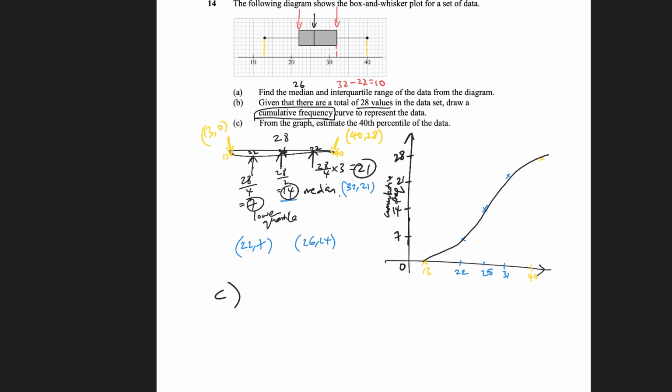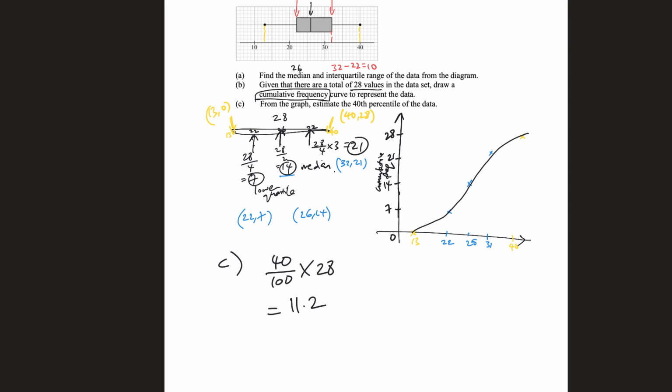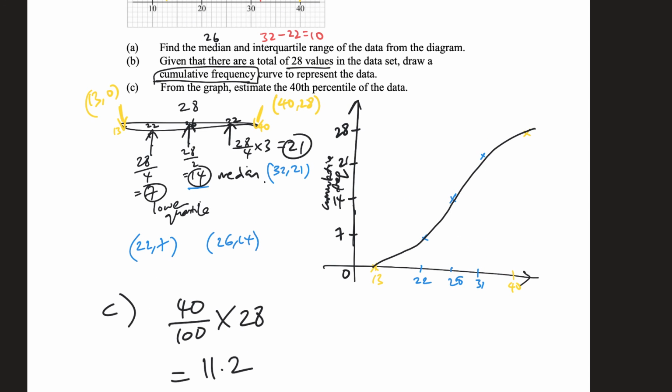So what we do for the 40th percentile is we take 40% of 28, and we get 11.2. Then we come here and find where my 11.2 is, and we estimate.